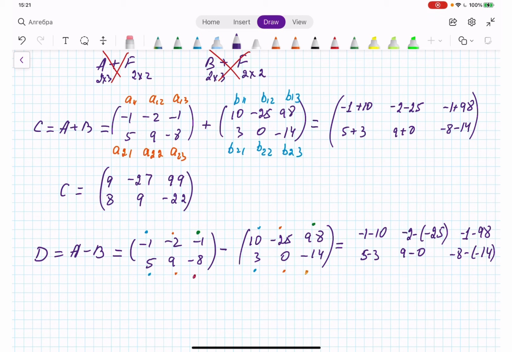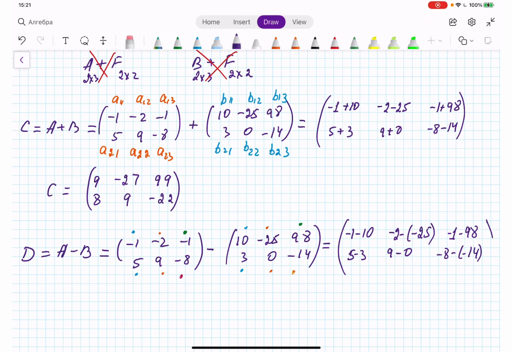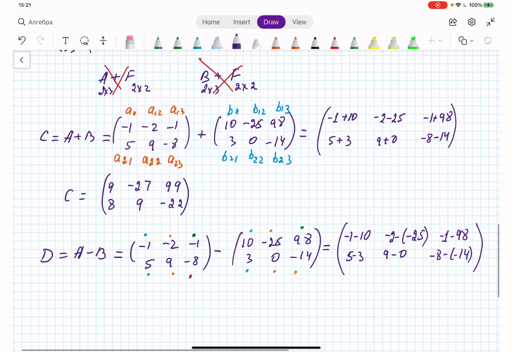Okay, when you do subtraction, just be careful, because if number is negative, don't forget to put minus and then in parentheses the negative number, because the result is going to be either addition or subtraction, right? Based on sign.